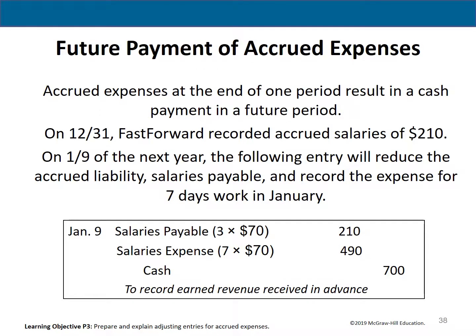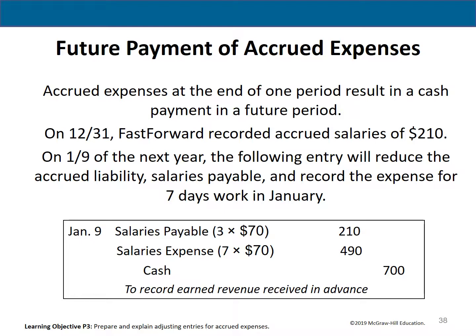Now, what happens in January when this employee gets their paycheck? Now, this isn't adjusting entries. This is just showing you what happens when this employee will receive their money. So on 1/9 of the next year, they receive their $700 for their 10 days of work, 2 weeks. So cash is credited for $700, 70 times 10 days.